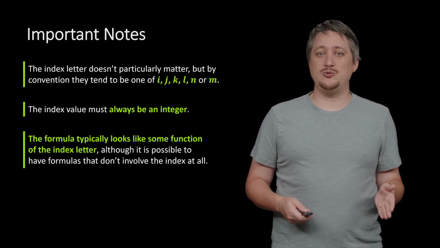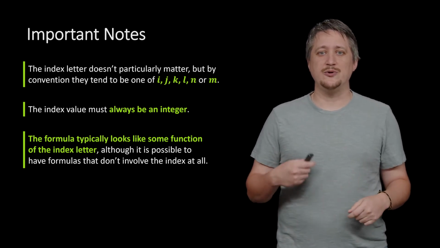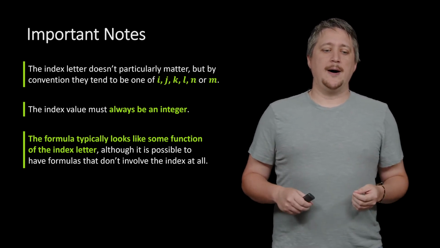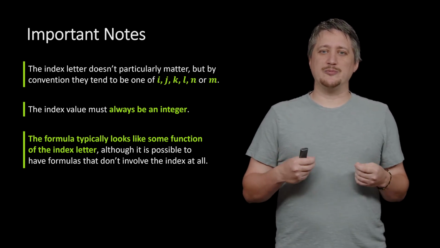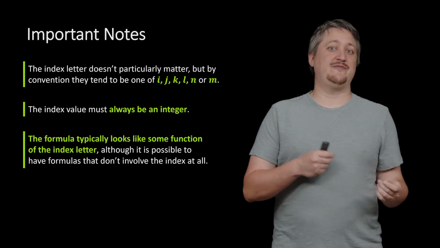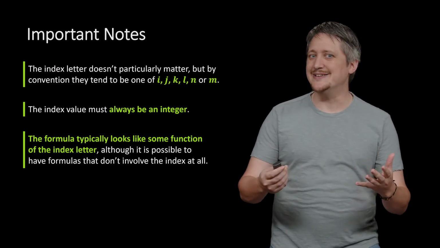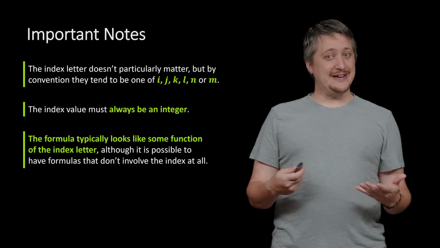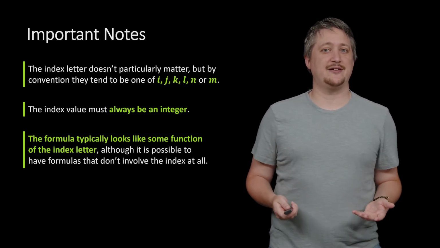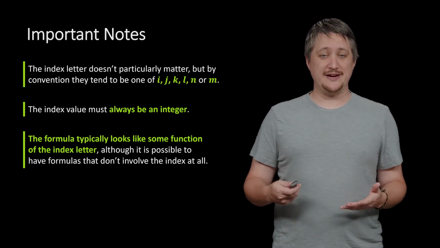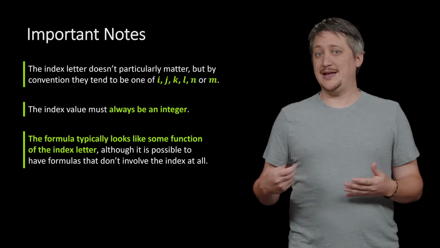That way we get 2 and then 4 and then 6, right? So you can have even very complicated formulas, but it typically looks like some formula of the index because that's how you're figuring out the next number to add. Again, that being said, technically you don't need to have the index letter in there, and we'll see an example of that and what that means.